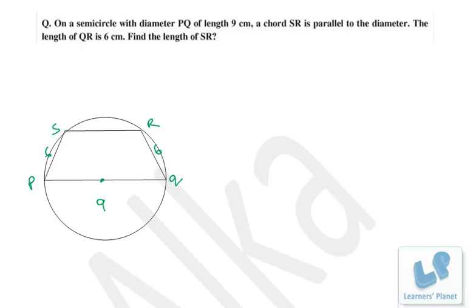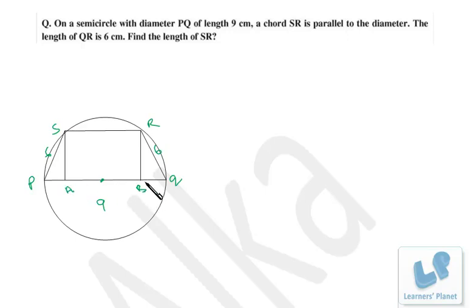The first method that I am discussing over here, I drop a perpendicular from this place to this, right? Similarly from here to here, right? Now what? Suppose these points are A and B, right?